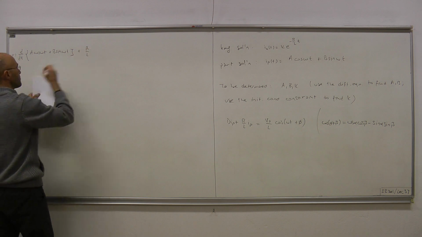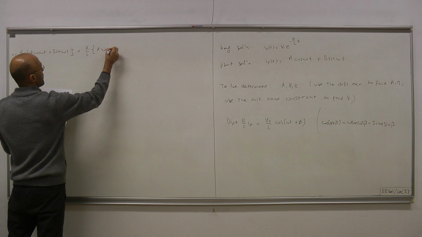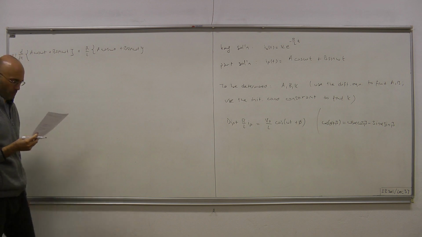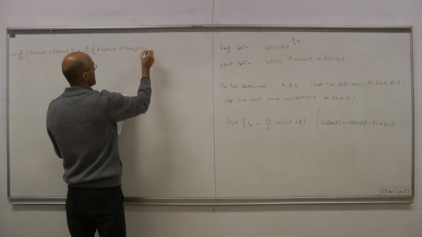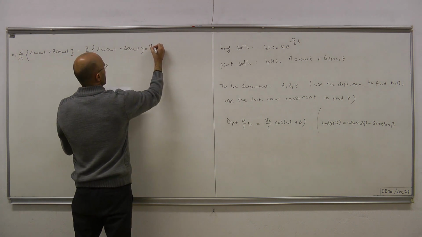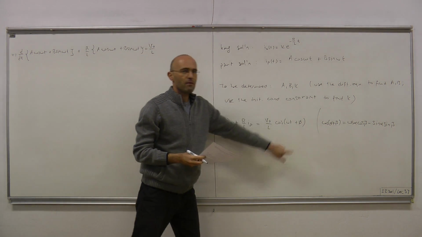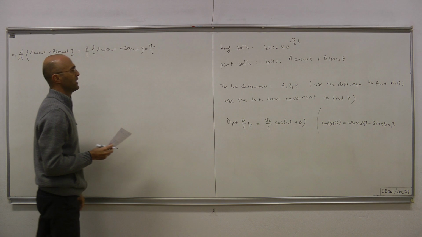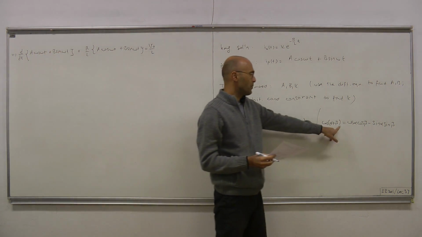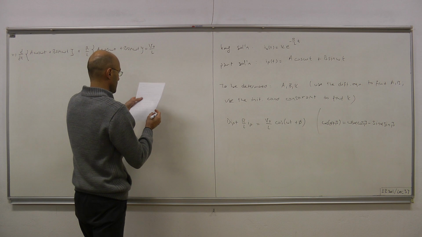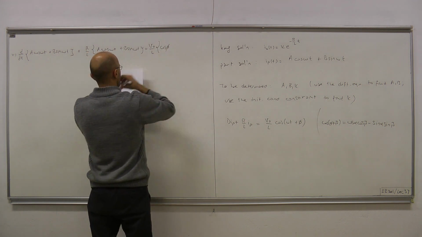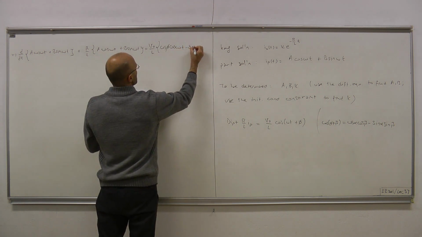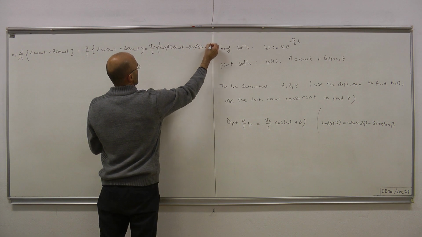Plus R over L times A cosine omega t plus B sine omega t equals V0 over L. And then we write that cosine as a phaseless cosine and a phaseless sine using the trigonometric identity here, times cosine phi cosine omega t minus sine phi sine omega t.